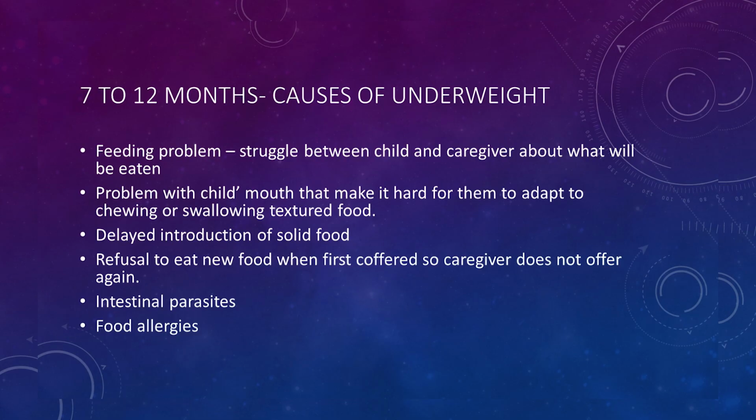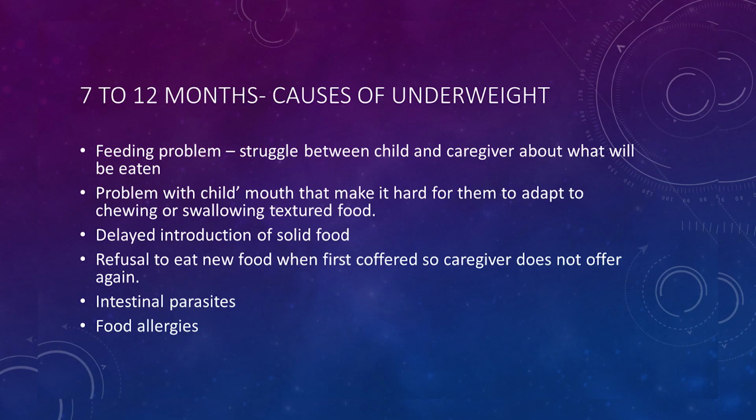Then there is refusal to eat new food when first offered, so the caregiver does not offer it again. When the child is offered some new kind of food and is not happy with it, he refuses, and the caregiver also does not offer it again. So during weaning, this nutritious food is not given to the child, the child's requirements are not met, and the child ends up underweight.